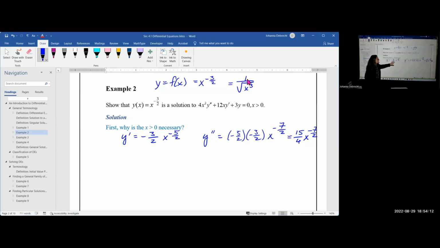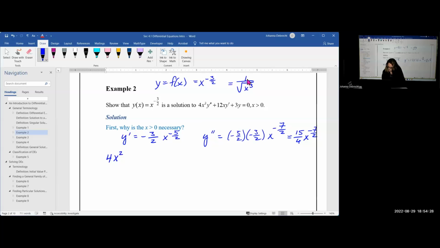Now we want to substitute these expressions into the differential equation and see if it does result in a true statement, that the left side becomes 0, so it equals 0 on the right. So we go ahead and substitute each of those values in.